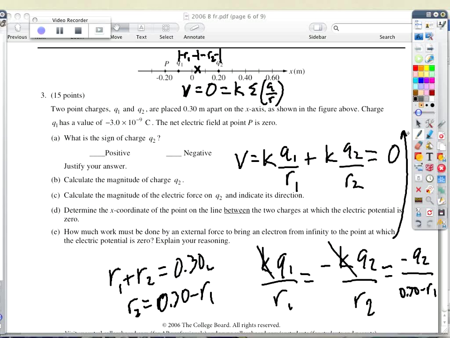So I'm going to get negative 3 nanocoulombs times 0.3 minus R1 equals negative, because we have a negative over here, 48 nanocoulombs times R1.